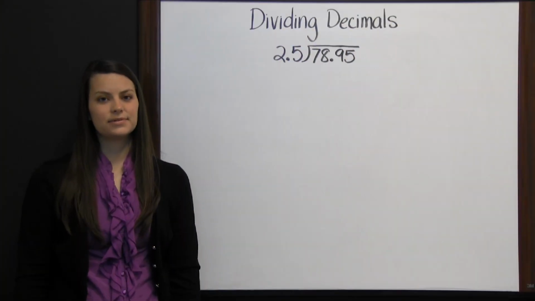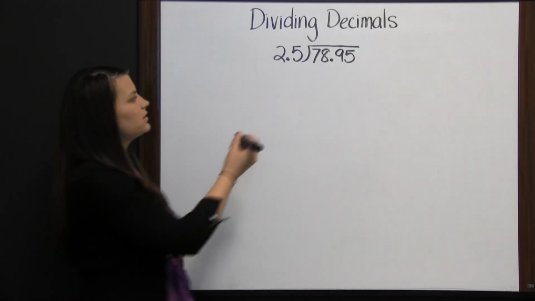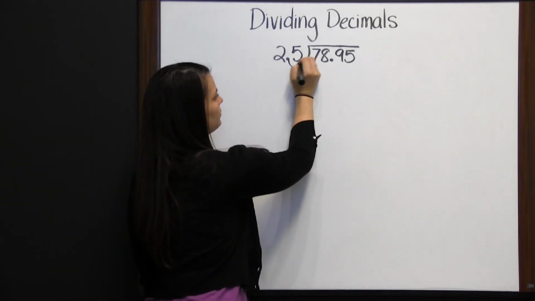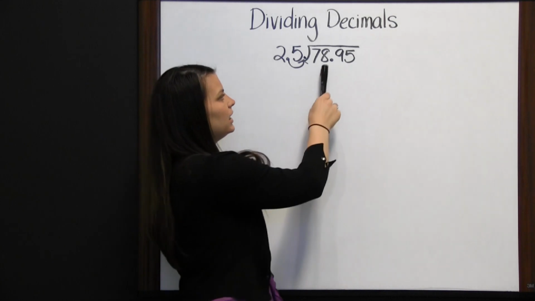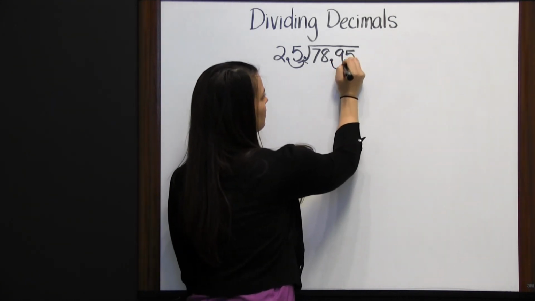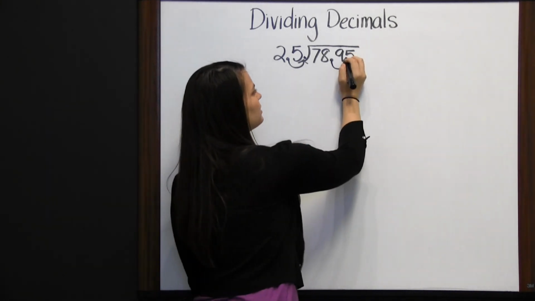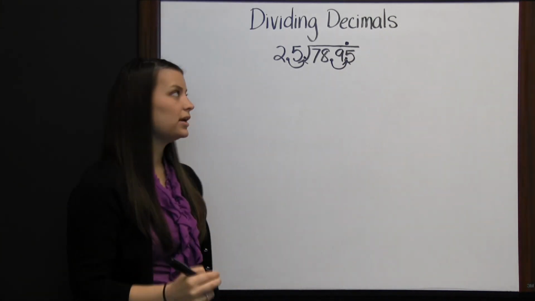Dividing decimals. To divide decimals, first move the decimal point in the divisor so that it's a whole number. Then move the decimal point in the dividend the same number of places. And finally, move the decimal point up so that you know where it goes in your answer.